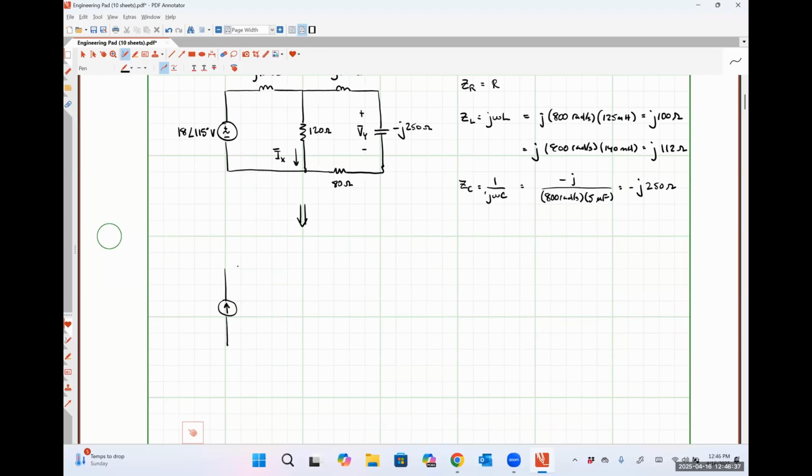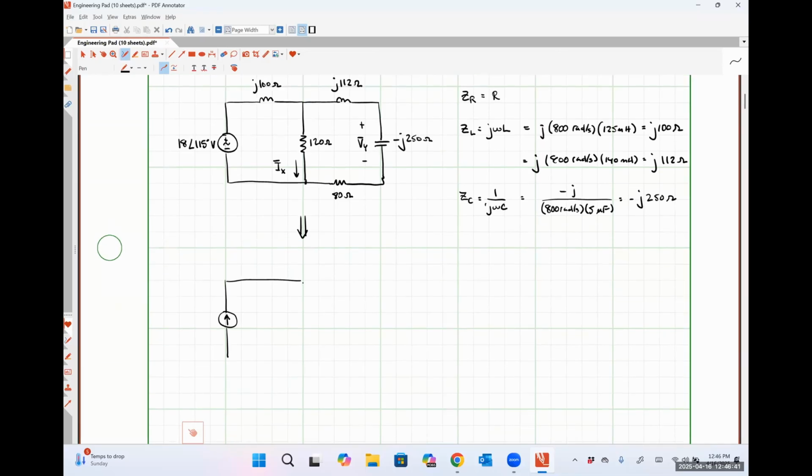And this is now going to be in parallel with that J100 ohm impedance. And the value of this current source is simply going to be 18 angle 115 divided by J100.